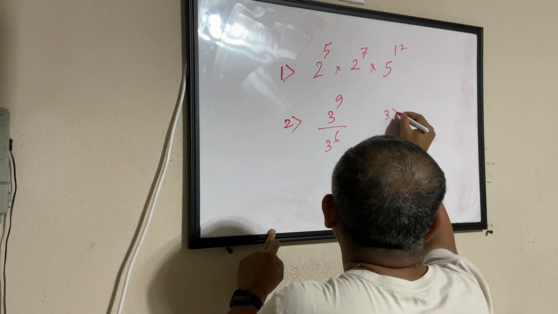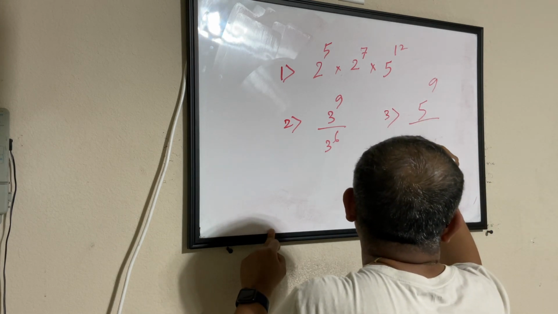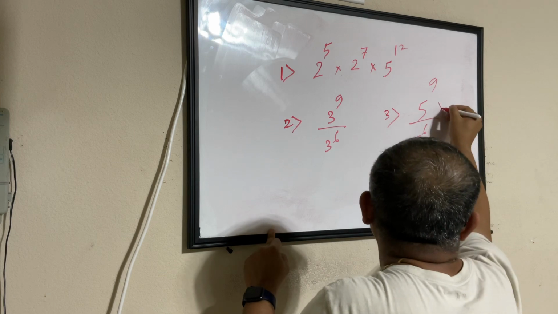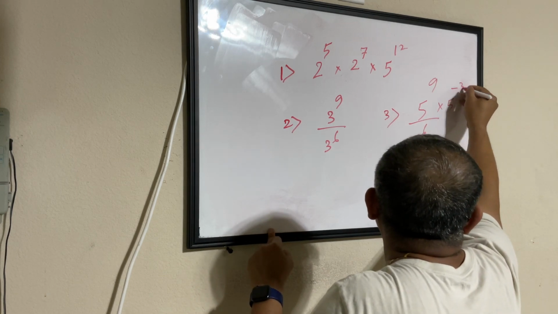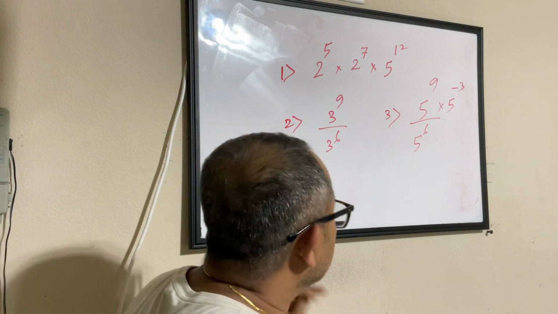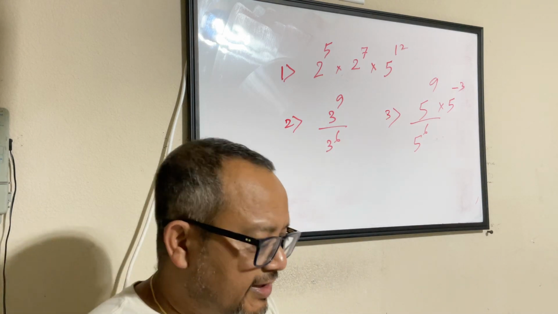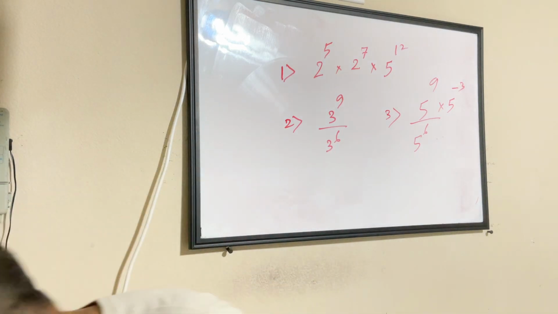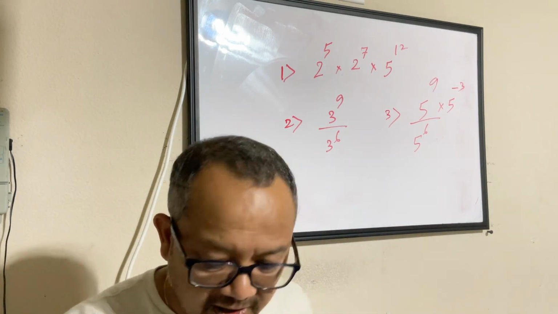Then third problem is 5 to the power 9 divided by 5 to the power 6 into 5 to the power minus 3. These are simple ones. Let's try these three real quick, and I'll give you guys 5 minutes to solve these three problems.